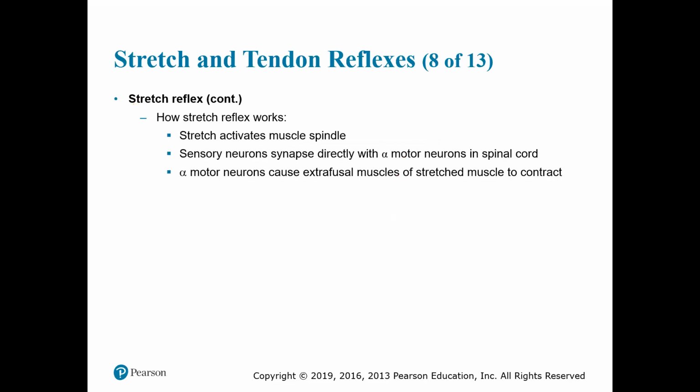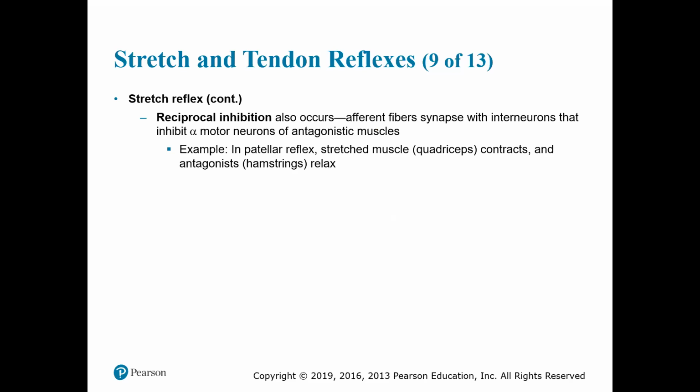That's the way it works. So the input is to the muscle spindle that senses the stretch, and that's the receptor. And it's monosynaptic, so the sensory neuron is going to synapse directly with a motor neuron, so there's no interneuron. That's the big thing about it.